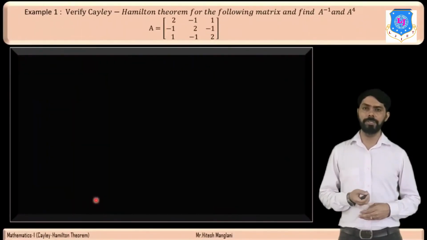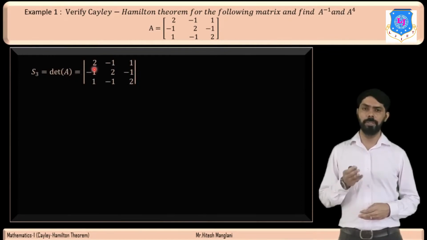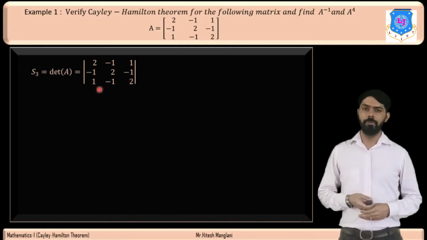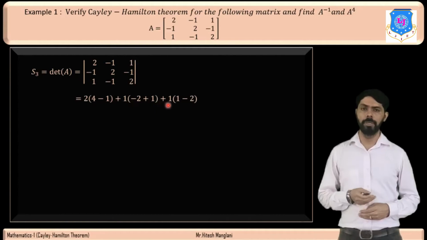Now we will find S3, which is equal to the determinant of matrix A. So the determinant of the matrix [2 -1 1; -1 2 -1; 1 -1 2]. Now we will find the determinant of matrix A. So it will be 2 in bracket 4 minus 1, plus 1 in bracket minus 2 plus 1, plus 1 in bracket 1 minus 2.